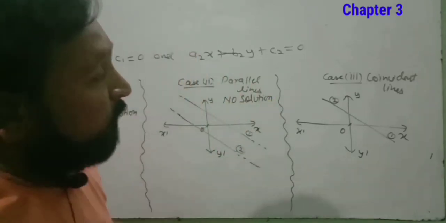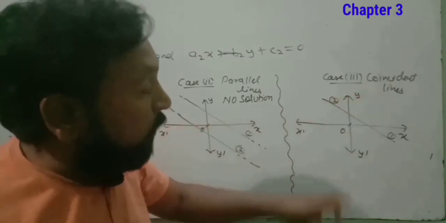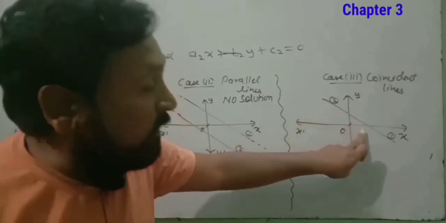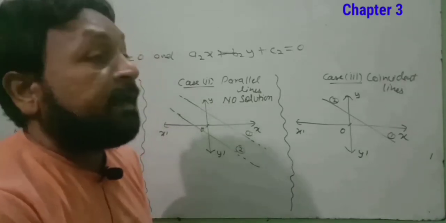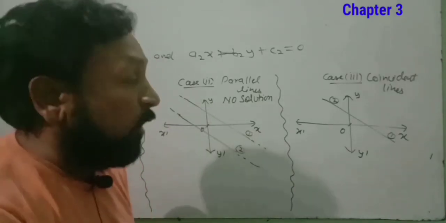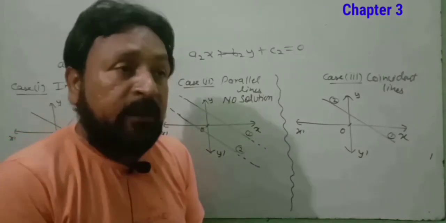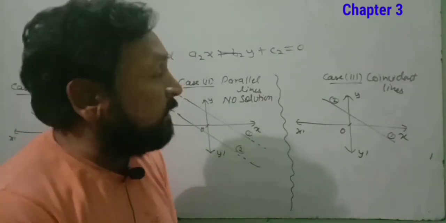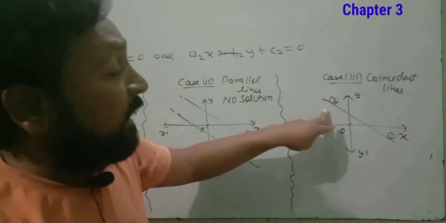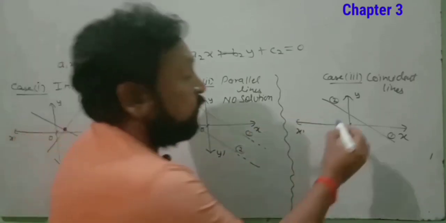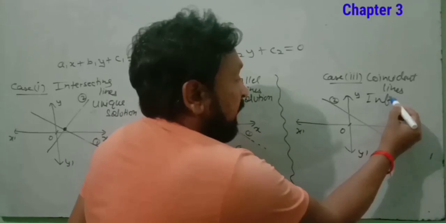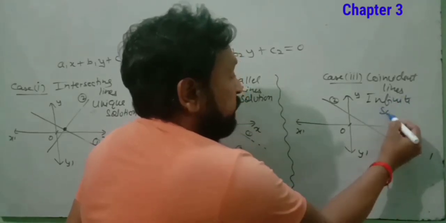Third thing, when I talk about coincident lines, see, both the lines are overlapping each other. They are just coincident. It means they have an infinite number of solutions, because a line is formed of an infinite number of points, and since in this case they are just overlapping, they will have infinite points common to each other, so they will have infinite solutions.